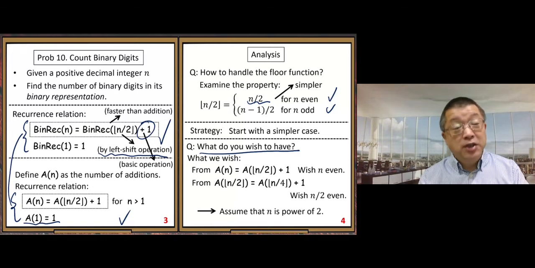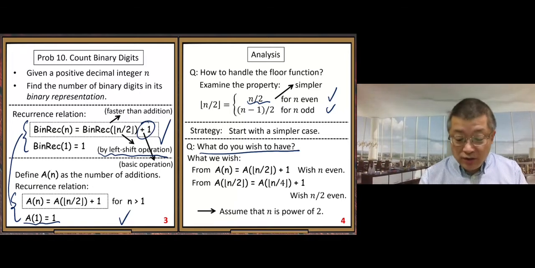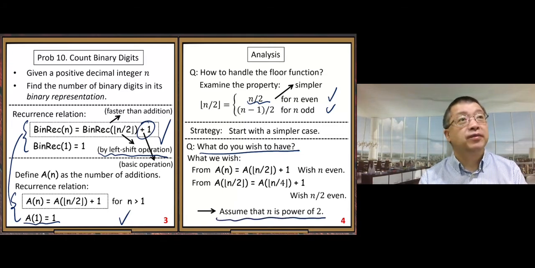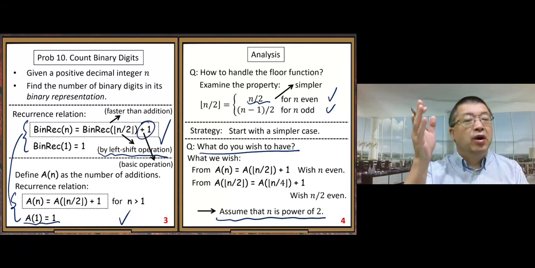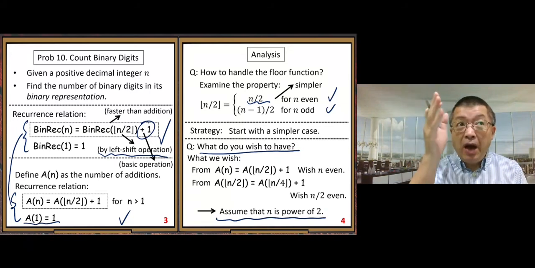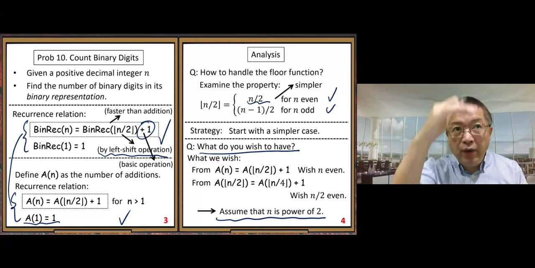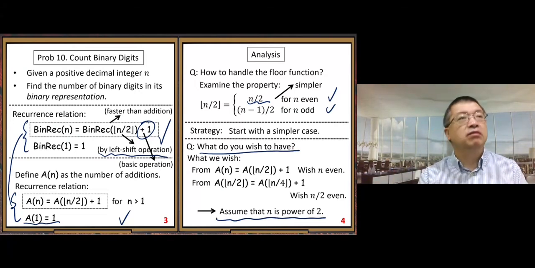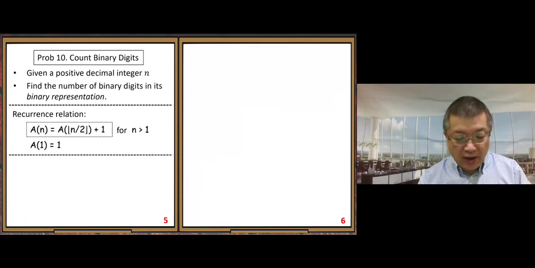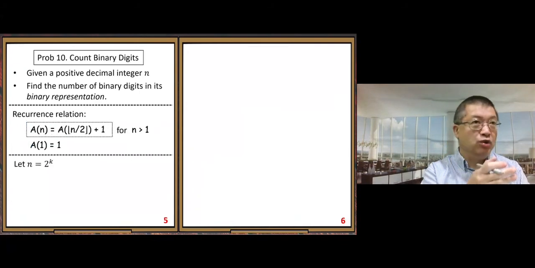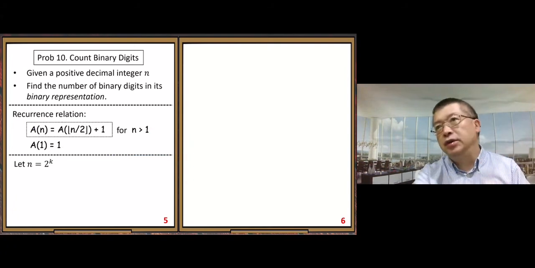For the best case scenario, we like to assume n is a power of 2. Then we have integer division without fractional part all the way down to the bottom level. That's the best we have. So now we just assume n equals a power of 2, 2 to the kth power.